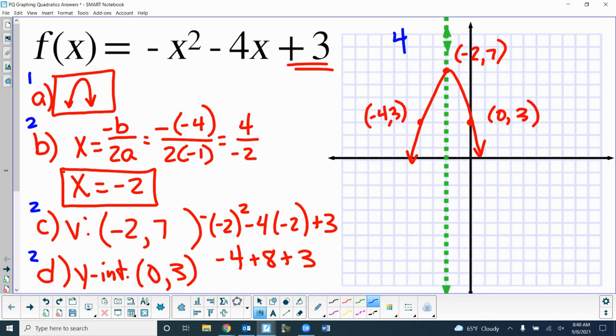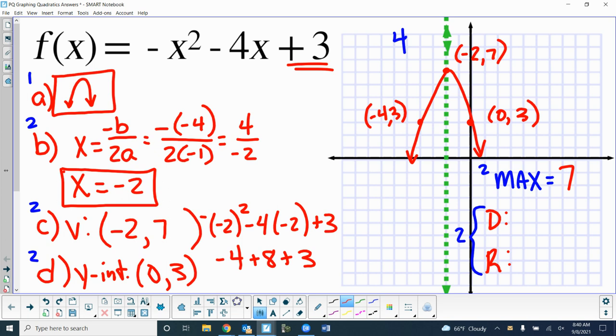So we also have to find domain and range and min or max value, right? Since it opens down, it is a max. And the maximum value is the y value of the vertex. So that's 7. That's 2 points. And then the last 2 things are domain and range. Domain for all of these parabolas is all real numbers.